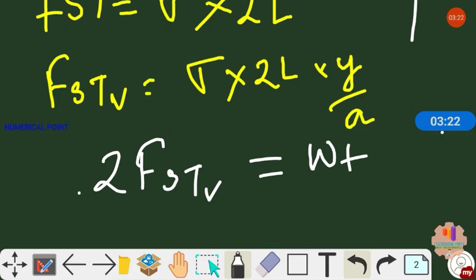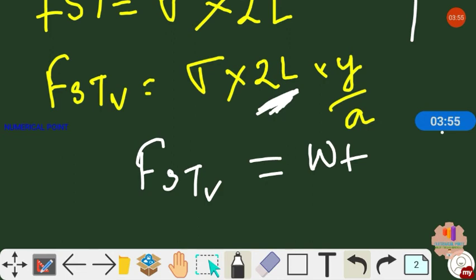Actually, we don't need to multiply by 2. Why? Because we have taken the length as 2L, so we have considered both sides. If we considered only one side, then we would need to take 2 times the component, but as we have considered both sides, we don't need to multiply by 2 here. It is already in our vertical component.